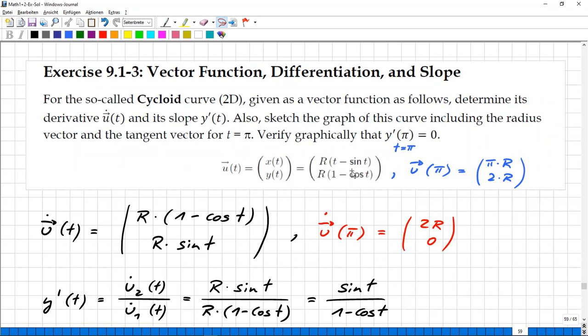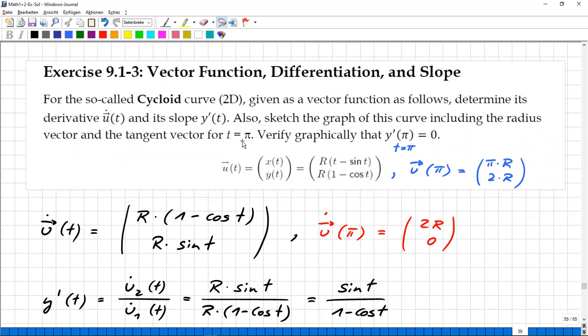Note that the auxiliary variable t sometimes has something to do with the angle referring to the x-axis, but not always. In this case, it's the inner rotation position of this auxiliary circle.